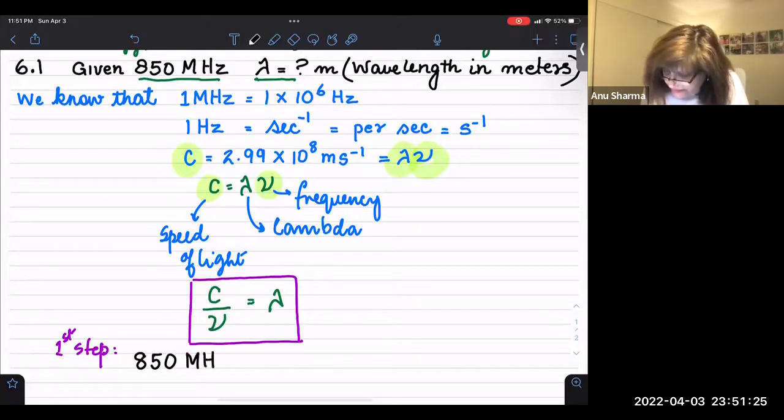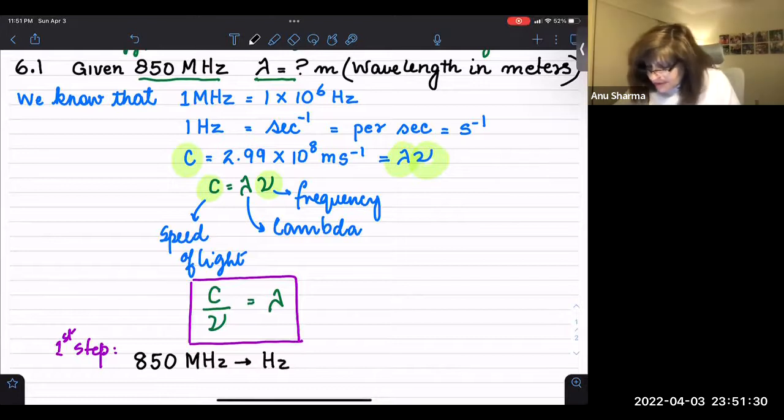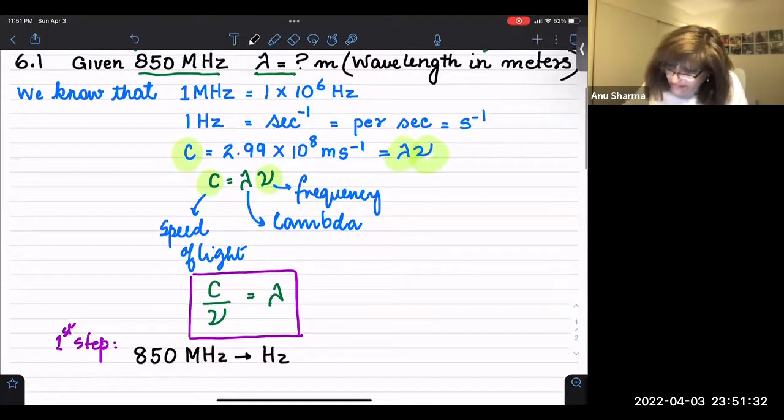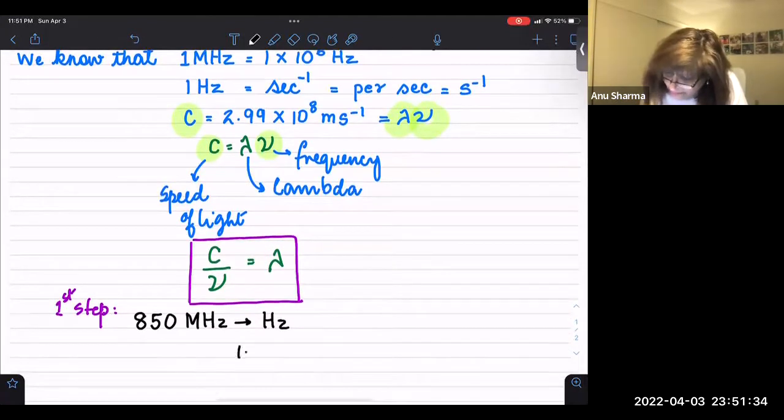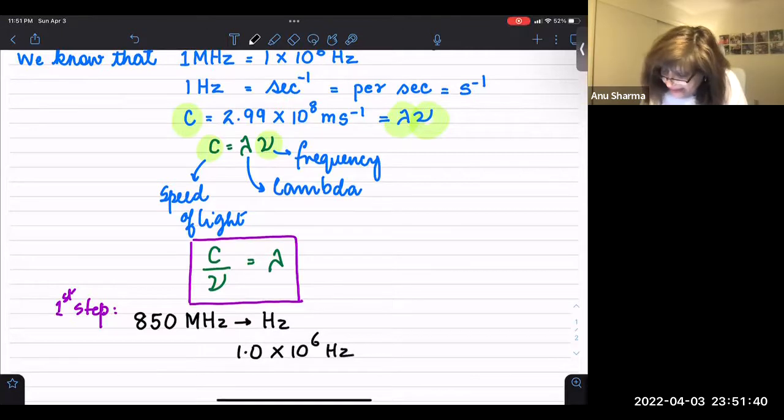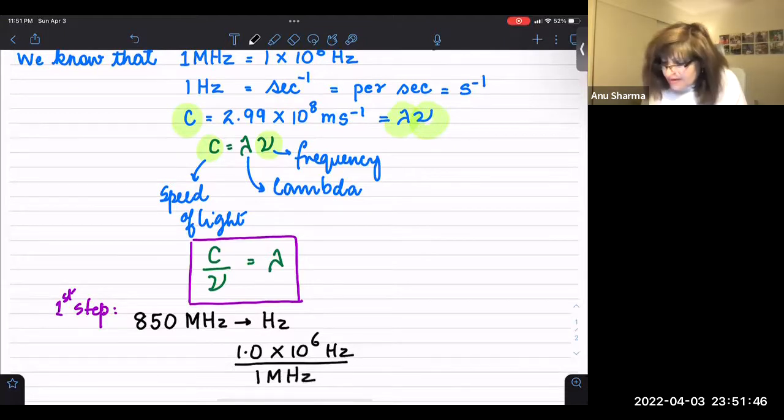How do we do that? We know that 1 megahertz is 1.0 × 10^6 hertz, and that is the conversion factor. Then times here 850 megahertz.